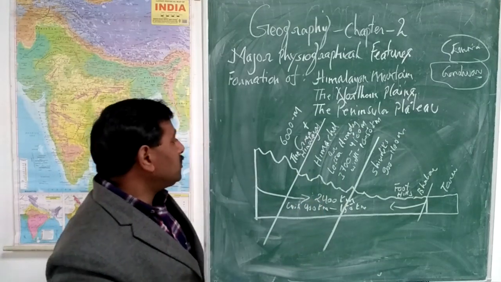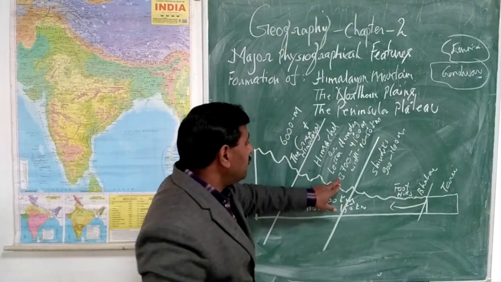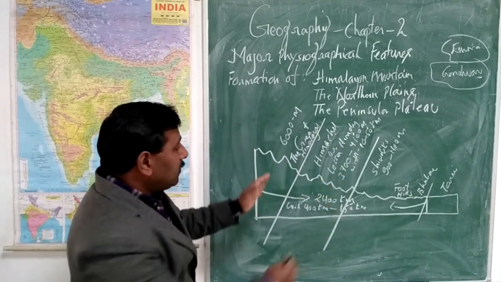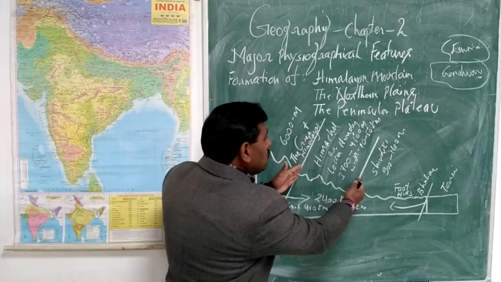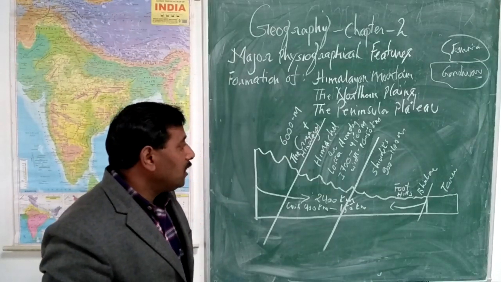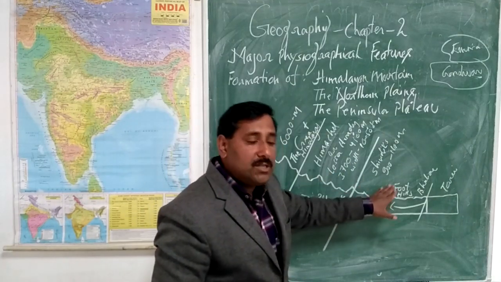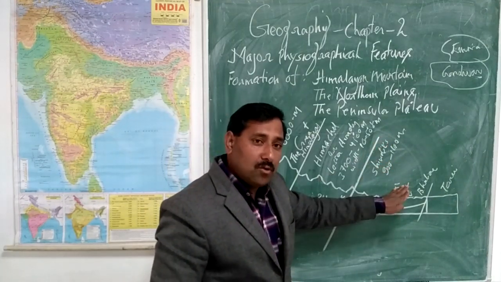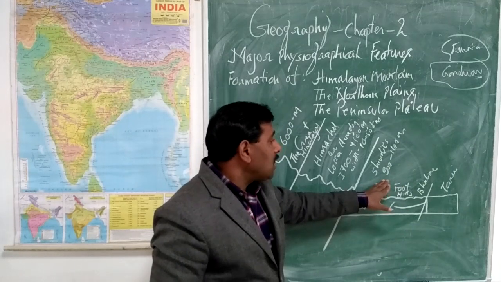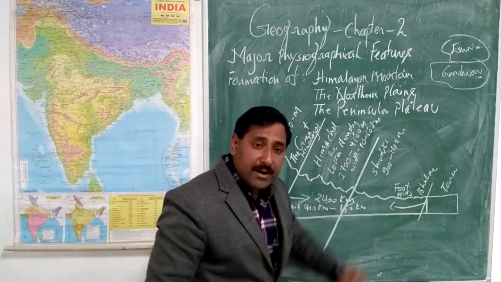The altitude ranges between 3,700 to 4,500 meters, and the width of these mountains is around 10 to 50 kilometers. Similarly, we have the Shivalik mountains where the height is low, and the average height is around 900 to 1100 meters.